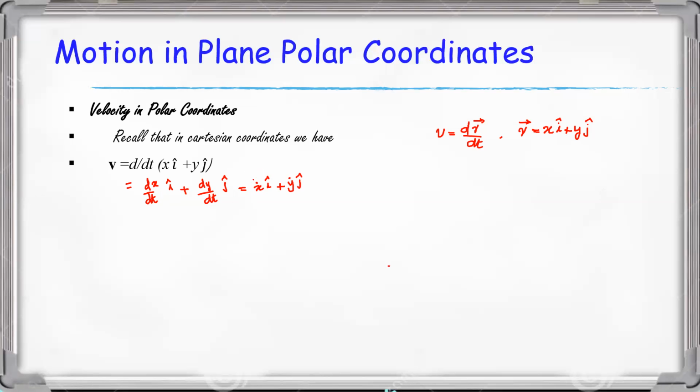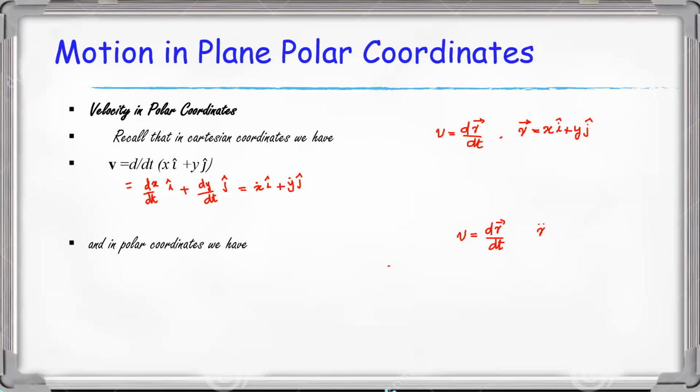Now in polar coordinates, v can be expressed in the same way. What is the expression of v? Here also v is equal to dr divided by dt.